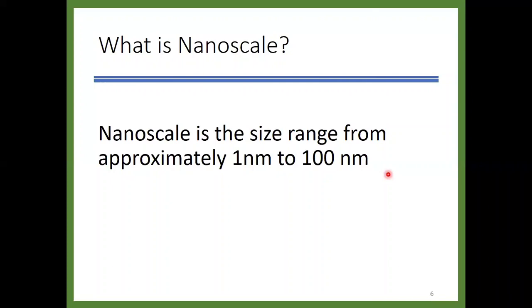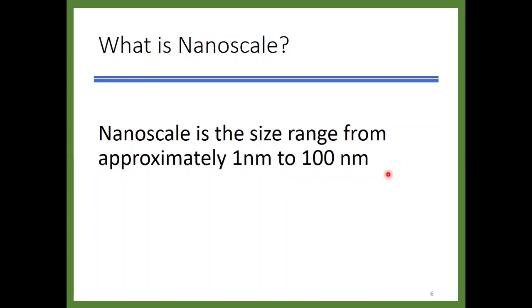The bulk or bigger size macroscopic materials that we use in day-to-day life, if we make their size that small, into the nanoscale, they start to exhibit very different, very strange, and very useful sets of properties, which we can effectively use in many different applications.